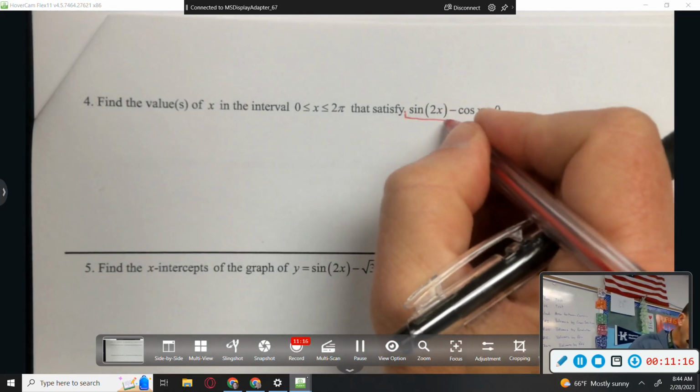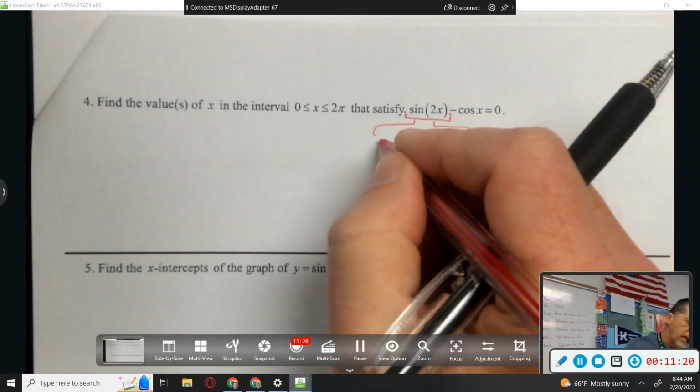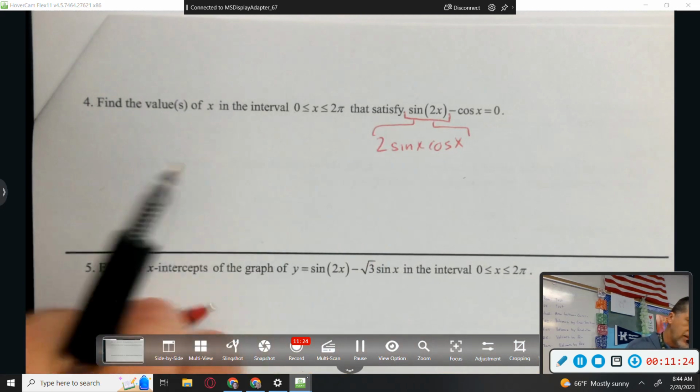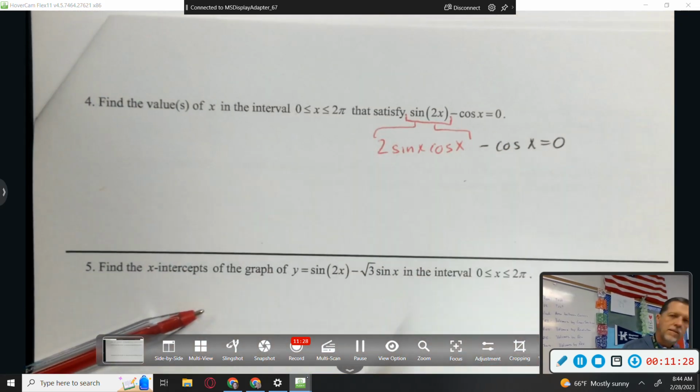But I do know that sine of 2x is the same thing as 2 sine x cosine x.